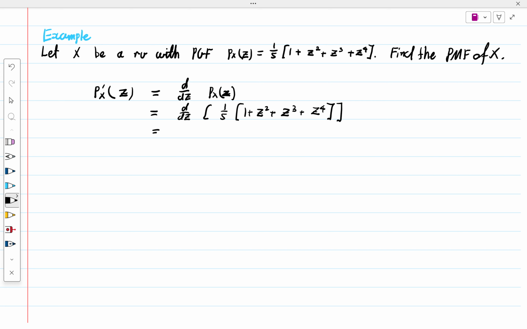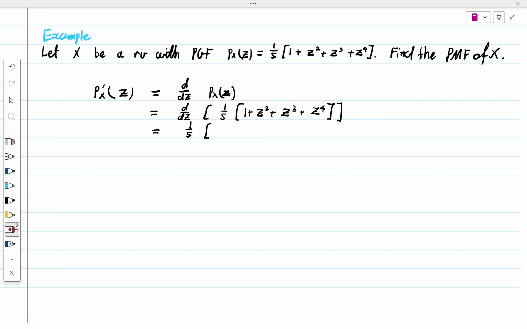In this instance, when you have a derivative of a constant times a function of z, the constant can just come out the front of the derivative. So we've got 1/5, and then we can, of course, differentiate the expression inside here.